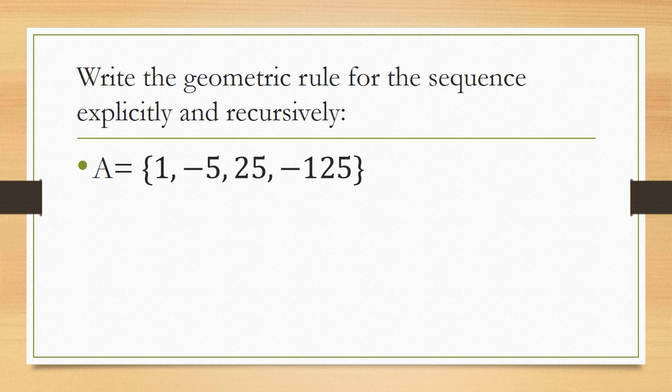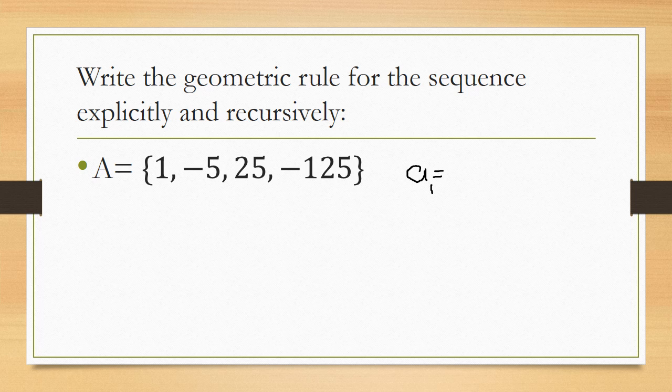Now let's take a look at this example where we have to write the geometric rule for the sequence explicitly and recursively. We have a geometric sequence of 1, negative 5, 25, and negative 125. In the question we already know that this is a geometric sequence, and we need to identify 2 values to be able to write the rules.